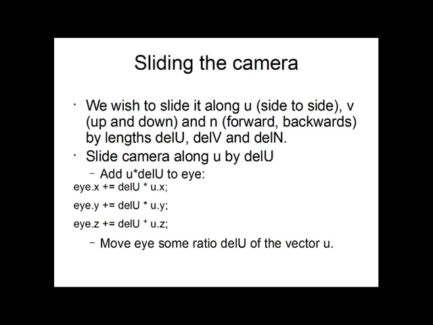So sliding the camera is fairly simple. If we want to slide it along the U-axis, we have a factor that we want to slide it by, and we simply multiply that factor by the x, y, and z coordinates of the vector u, and add those respectively to the x, y, and z coordinates of the point of origin. Thus we're not changing the vectors or the orientation, we're only changing the position, but in a controlled way, controlled by the vectors of the coordinate frame itself.